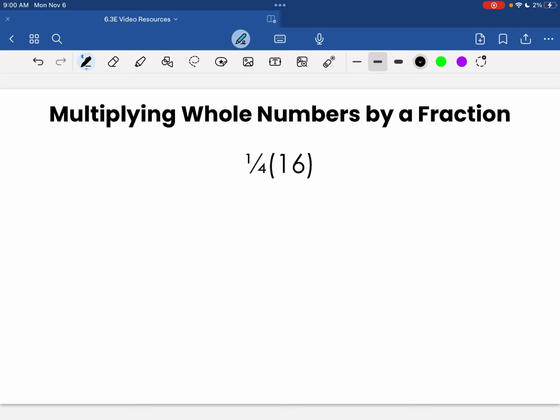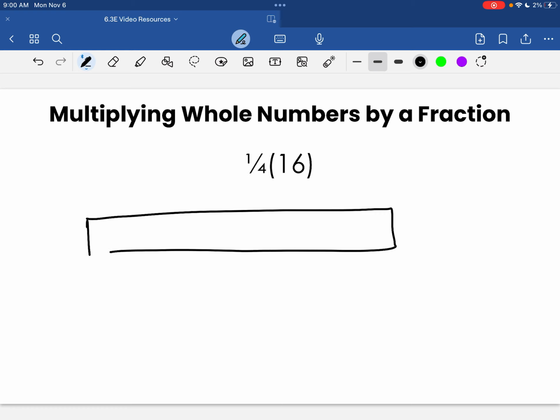Now we're going to look at 1/4 times 16. So again, I want 1/4 of 16. So I'm going to take what represents my whole, which is 16, and I want to cut it into fourths.